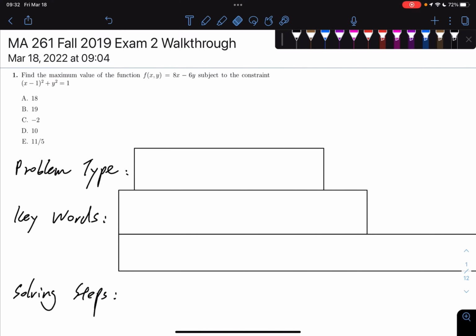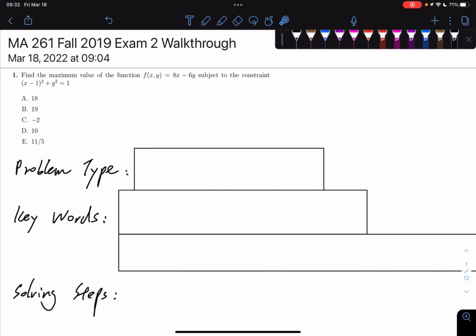And in terms of finding the absolute extrema, we have the regular absolute extrema problems, and we also have Lagrange multiplier problems. After reading the question, we notice that we have a constraint. So that immediately tells us this is an absolute extrema problem.